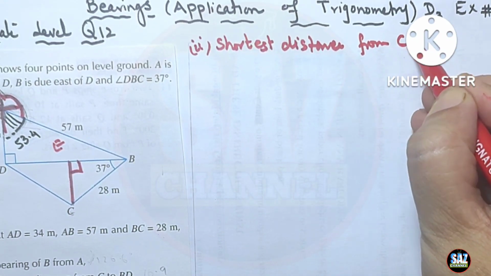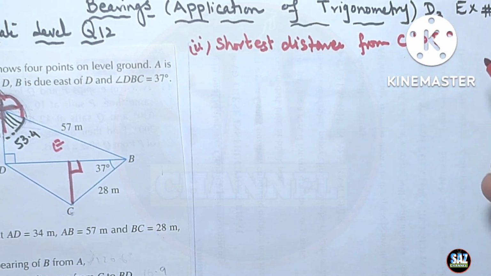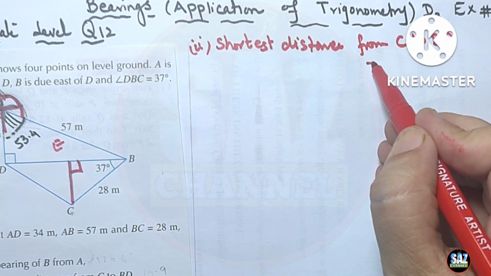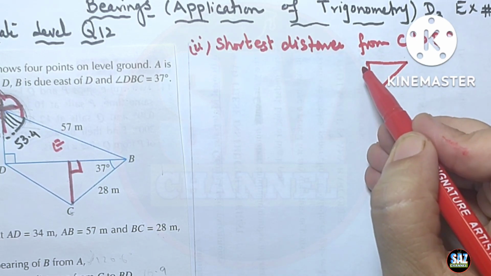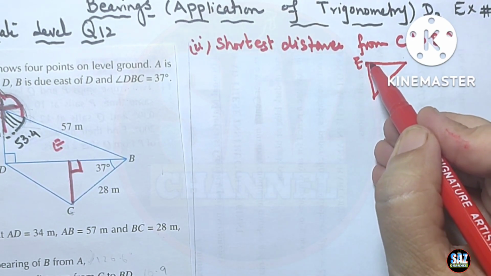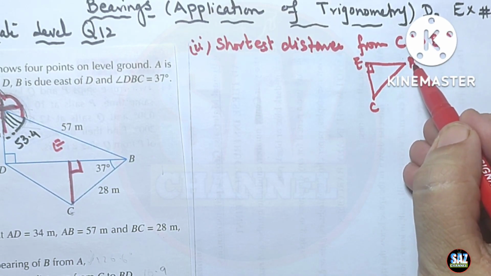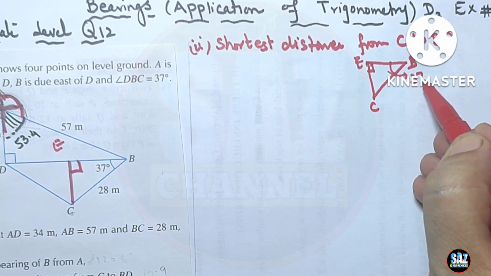For that purpose, students, we can make a small triangle here in this way. This is E, where that length is meeting. This is C, and this is B, and this is a 37 degrees angle. We have created a right angle triangle here, and this is 28.